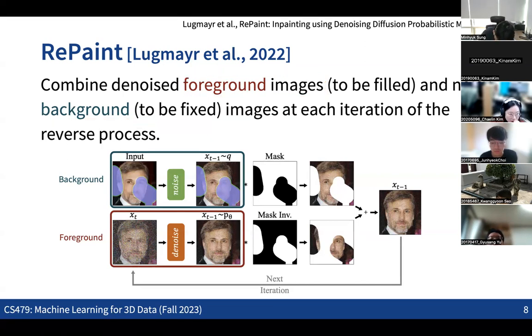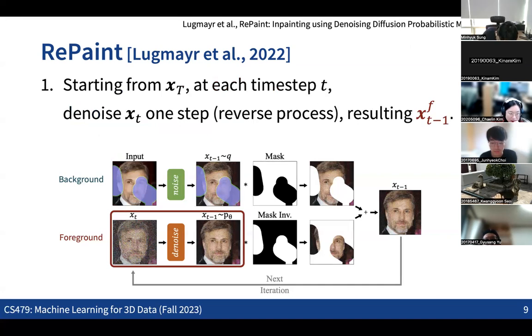So let's go over each of the steps. It's the same as the typical diffusion process. We are starting from xt. The xt is for the entire image. At each time step t, we have some noisy image xt, right? And we run the reverse process for one step and get the denoised image xt minus one. So let me denote this as xt minus one of the foreground, right?